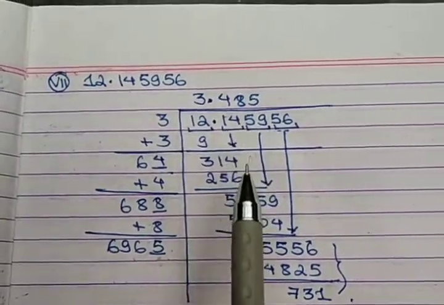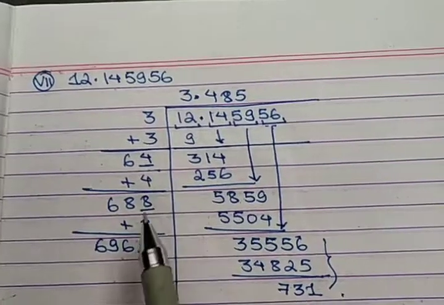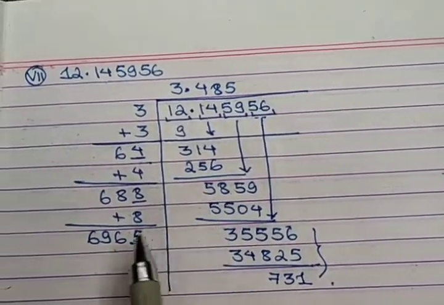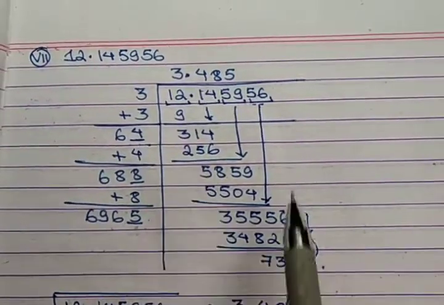So 0.14, 0.14, so again 14 dropped. Again the division method, you know the procedure as well. I guess so far you know the procedure, everything remains the same.